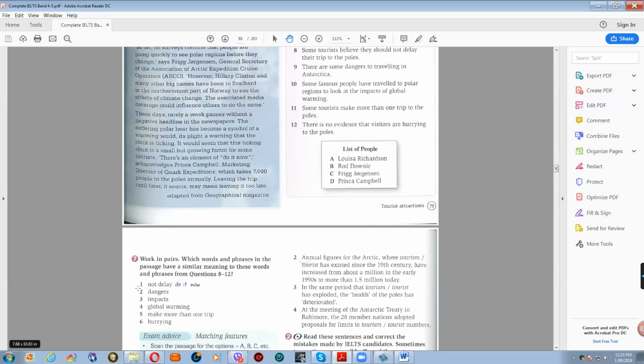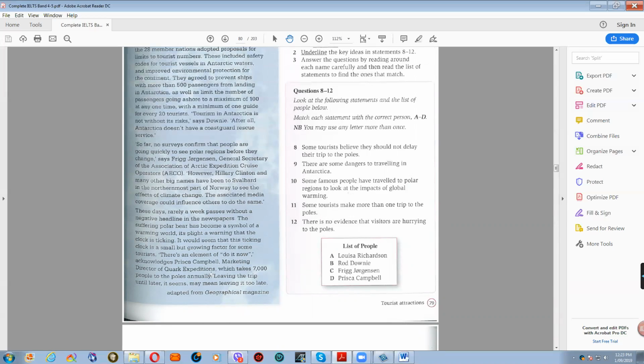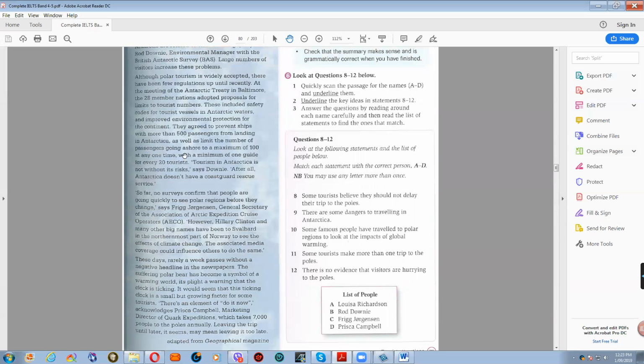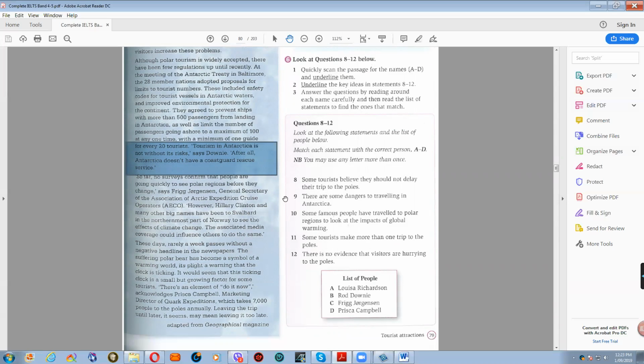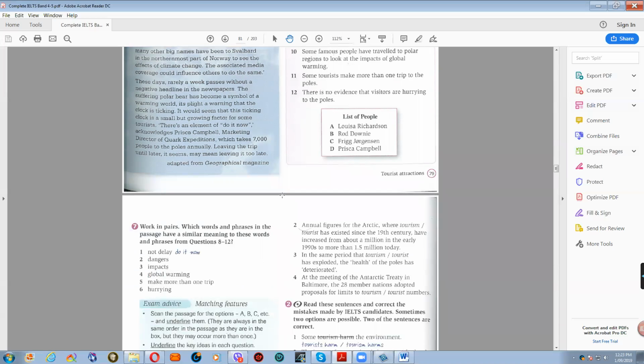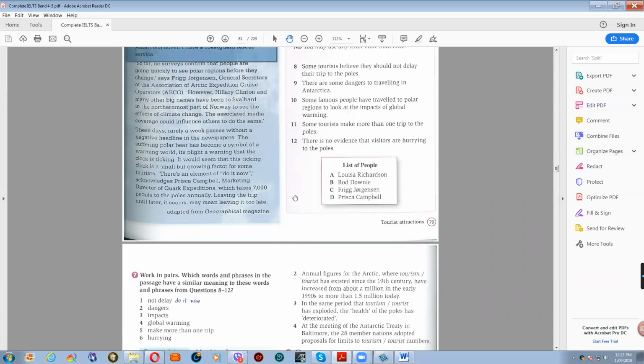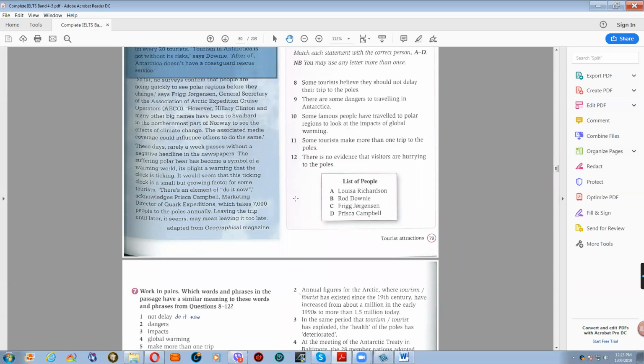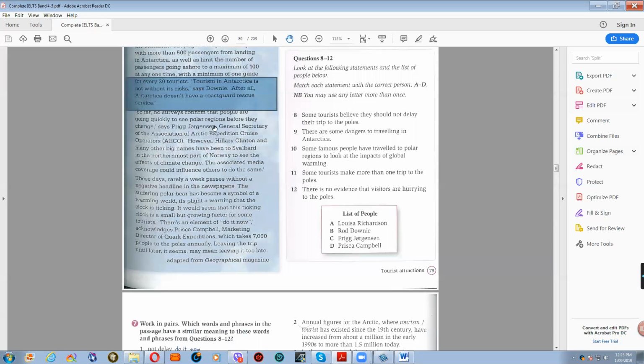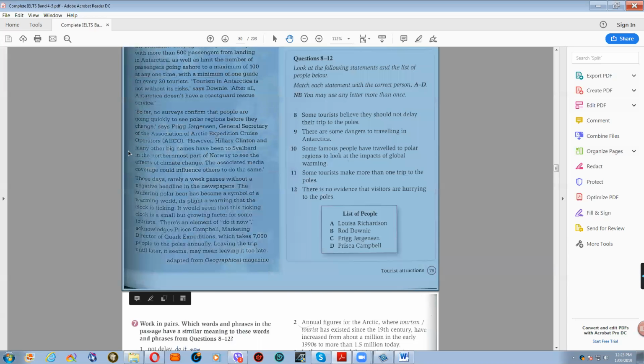What means the same or is similar to dangers? Risks. Impacts.